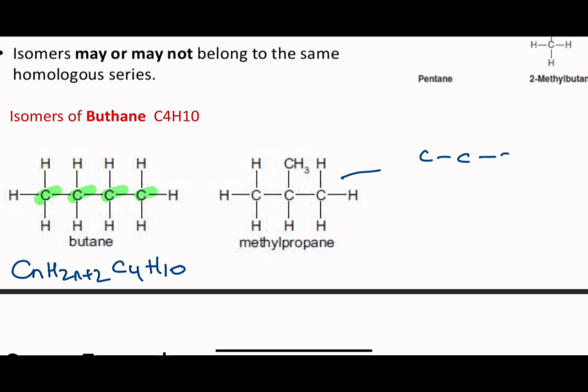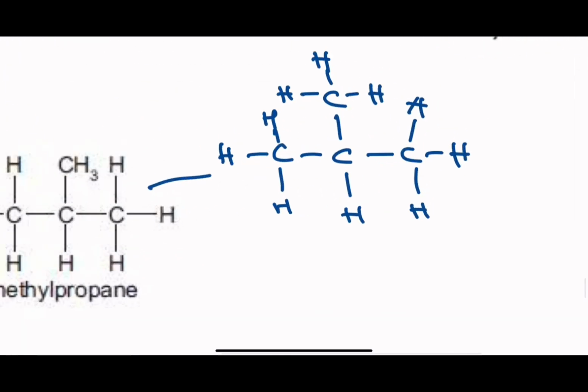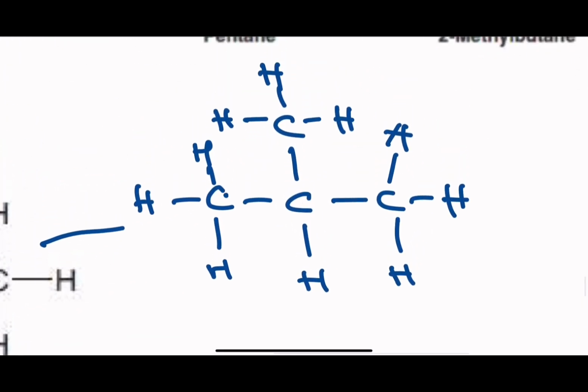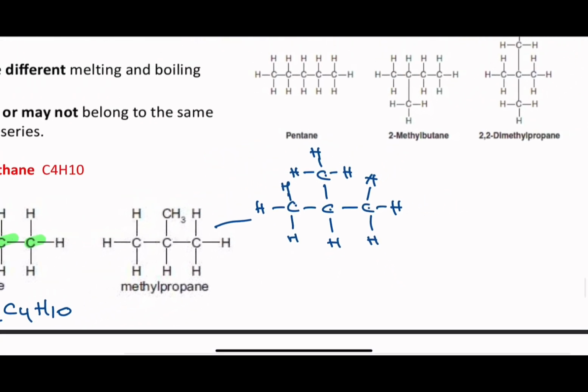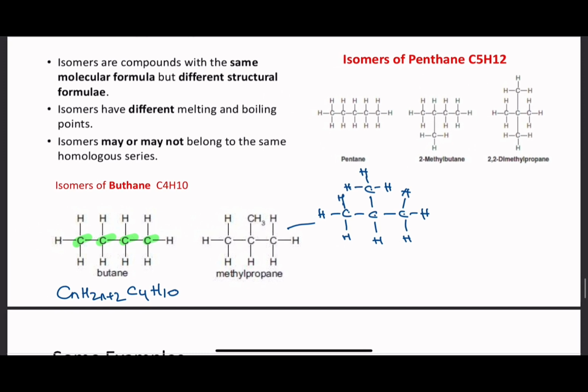So carbon, and then I connect another carbon. Okay, so I have this. Now I have the same number of carbons, 1, 2, 3, 4, and then I have 10 hydrogens. It's just connected in a different way. So they are both isomers.